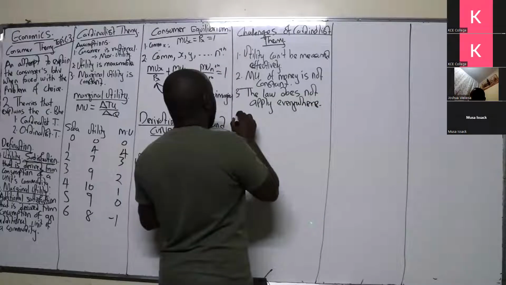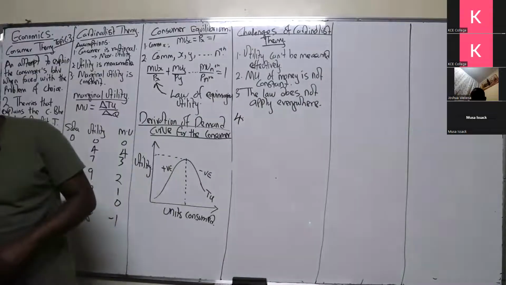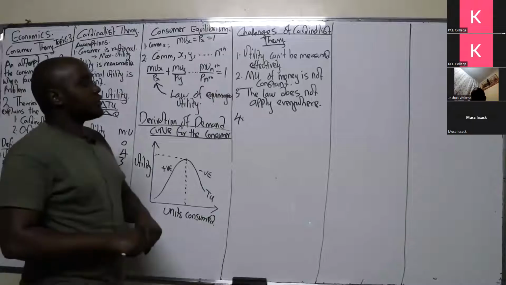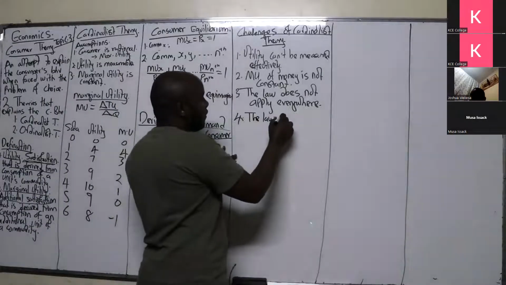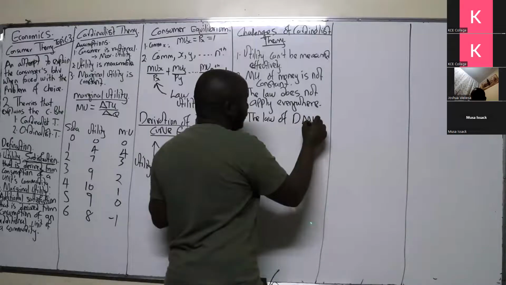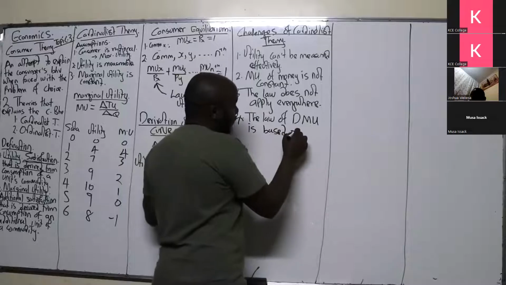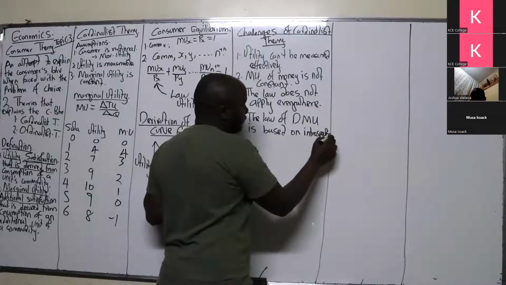And lastly, number four, the rule of diminishing marginal utility is based on introspection.